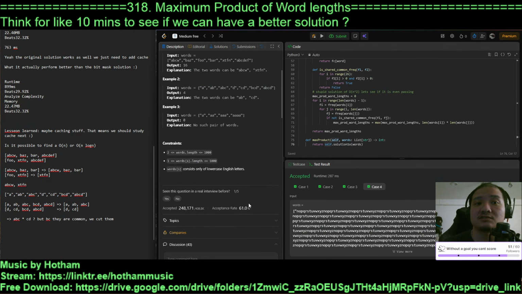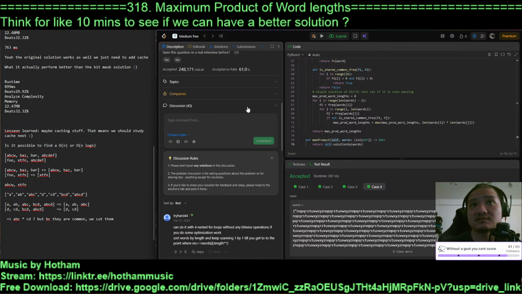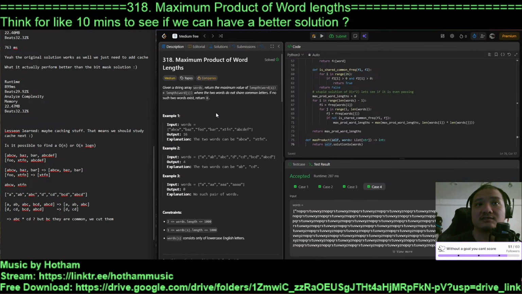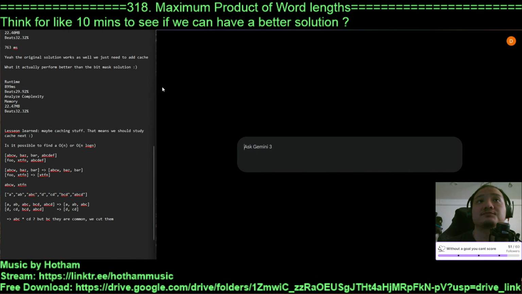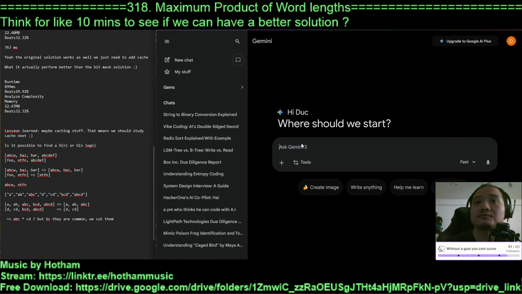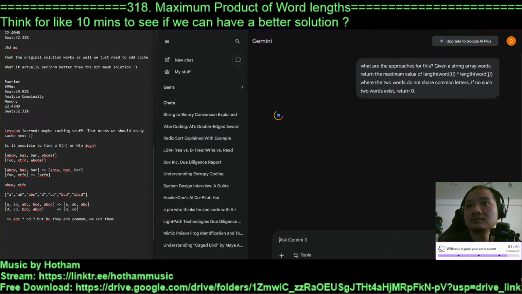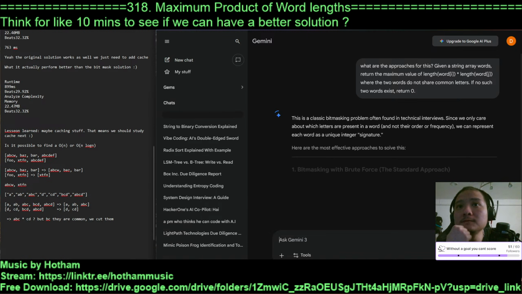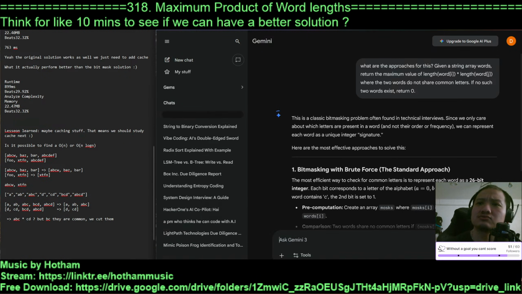But then let's look at the discussion. See what people do. Oh, let's just ask Gemini, right? See if we can learn from that. What are the approaches for this? This mask. Oof.